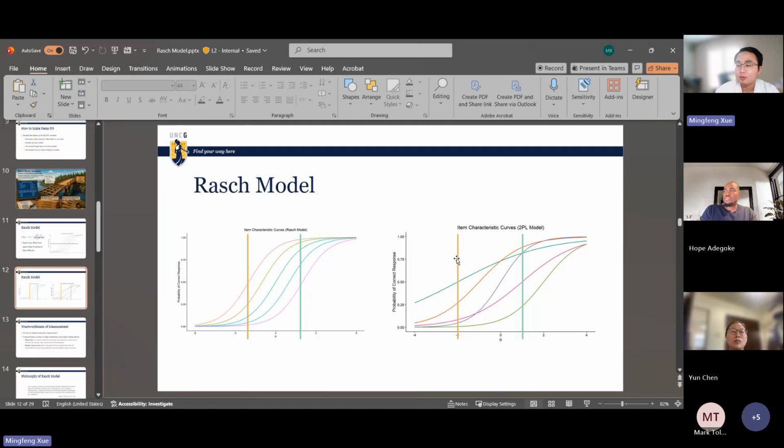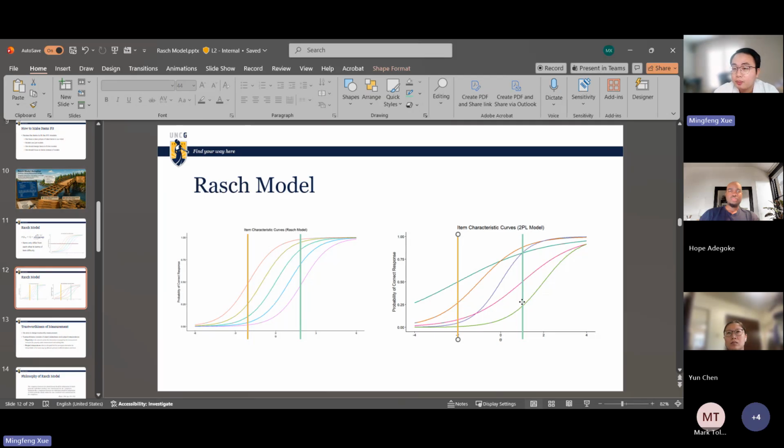But if you are using 2PL and it changes depending on the location of the latent trait, different people will have different interpretations of the item difficulty. For respondent A, represented by the orange vertical line, you find that he has the highest probability to answer the blue item correctly, and the second best probability to answer the orange item correctly.